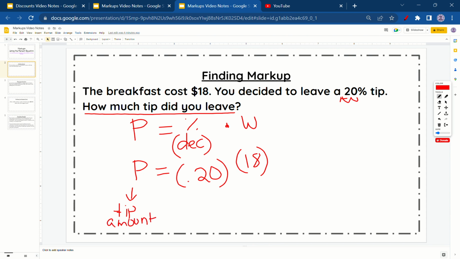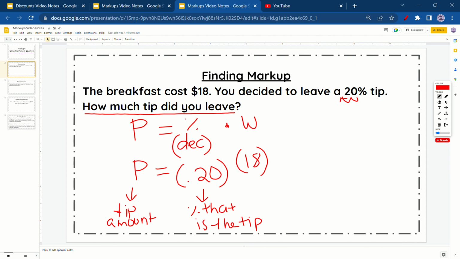And this percentage reflects the percent that is the tip, right? So the part is your tip, the amount of money that you're leaving for the tip. 20%, that is the percent that is the tip. So 20% of the bill, that's your tip that you're leaving.